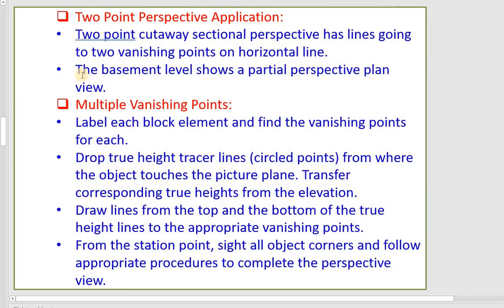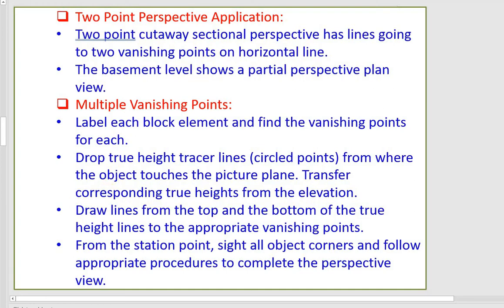We also have multi-view vanishing points. Label each block element, and after that find the vanishing point for each of them. If you have many objects at different angles, you need multiple vanishing points, and you need to do each of them by the construction line.